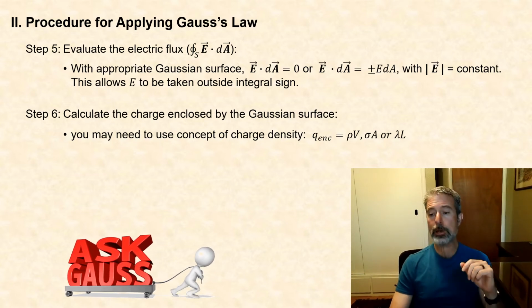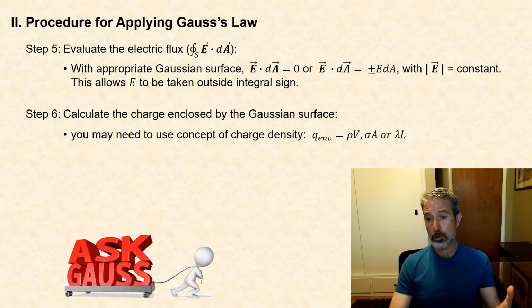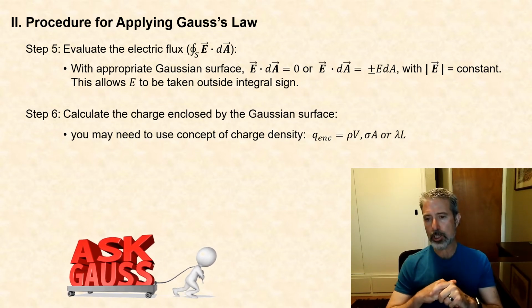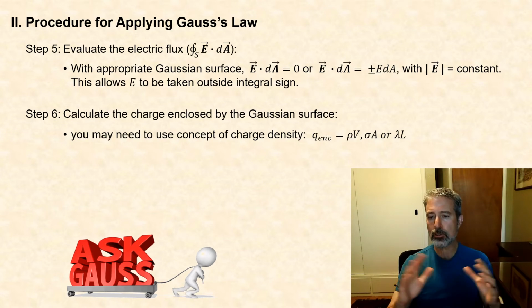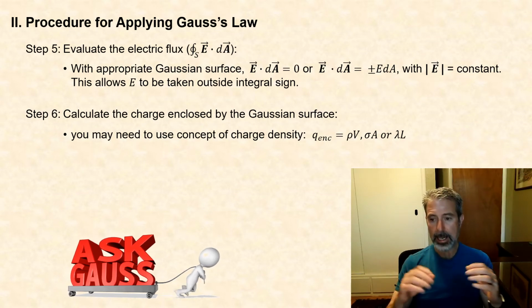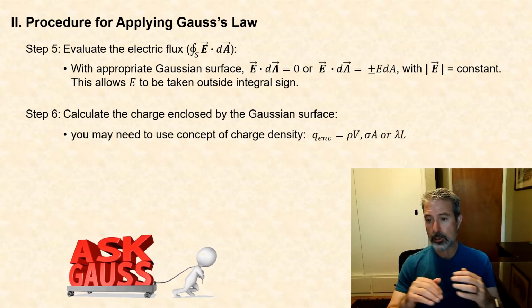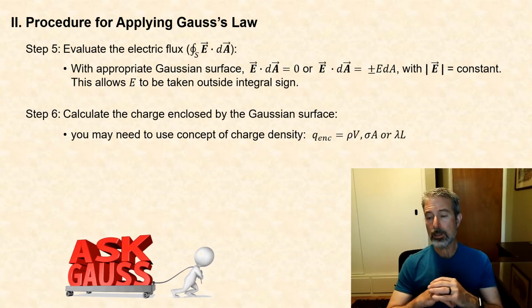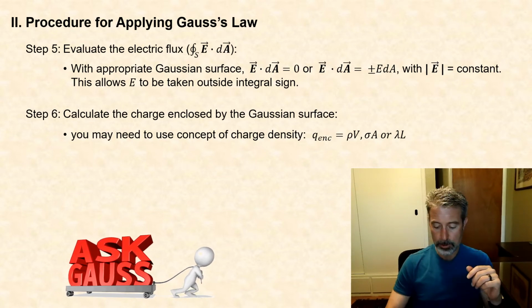For a two-dimensional charge distribution, the charge enclosed will be equal to the surface charge density times the area of the charge enclosed by that Gaussian surface. Or for a one-dimensional charge distribution, or linear charge density, you will take the linear charge density times the length of the charge enclosed by that Gaussian surface.